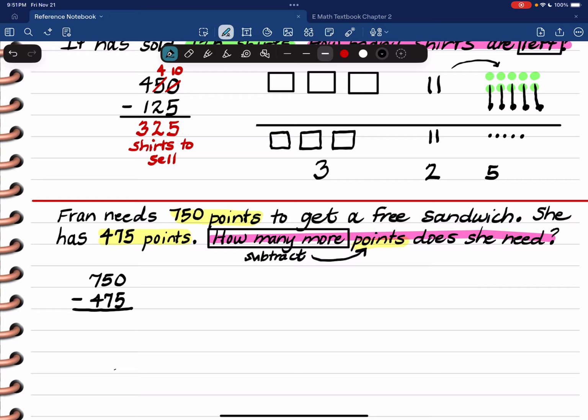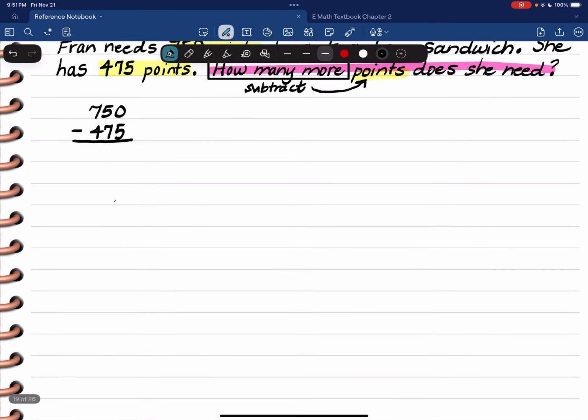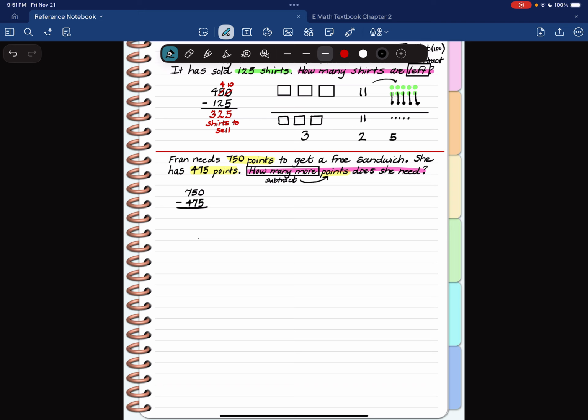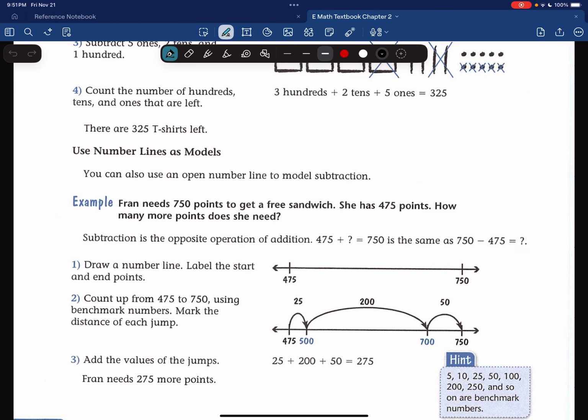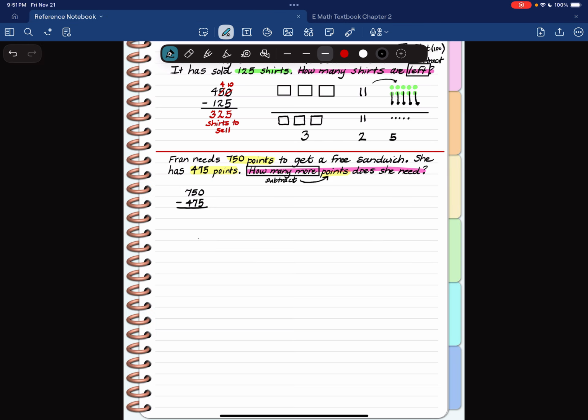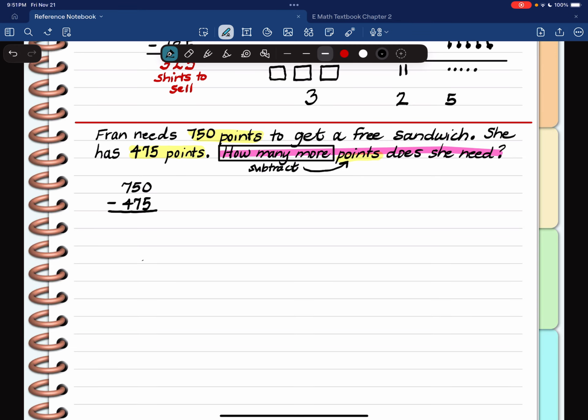Now, if you know the algorithm, you can go ahead and do it right there. I am going to do the number line like they want me to do. So let me look back just to see how they're doing it. Okay, I see. This is a good way to do it. So let's draw a number line. In fact, I might like this better than the first way, but you get to choose what you like.